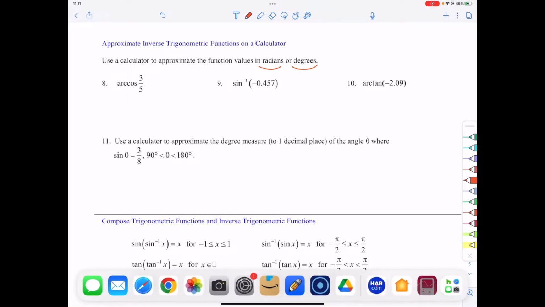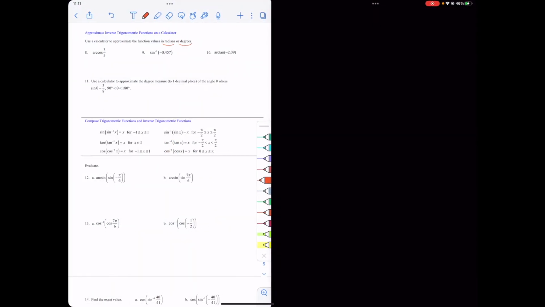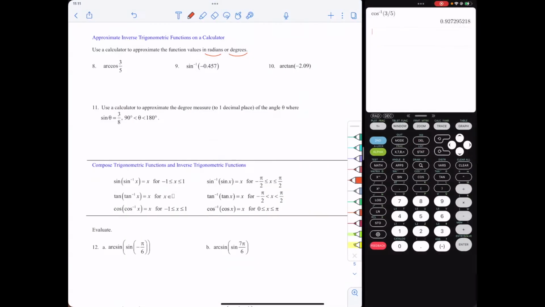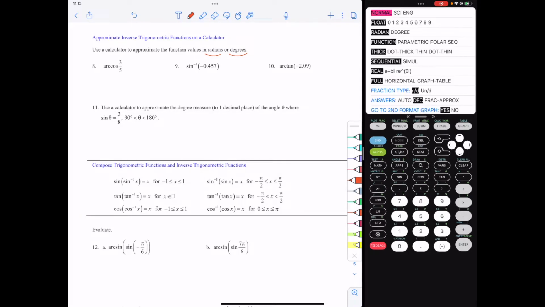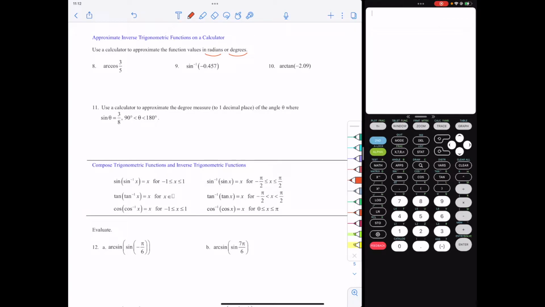So let's get our calculator up, and this is pretty easy on the calculator because you have the cosine inverse and sine inverse right there above each trig function. So let's see what mode I'm in. I'm in radian mode now, so I'll give radians for all of these first. I'm just going to set approximately.